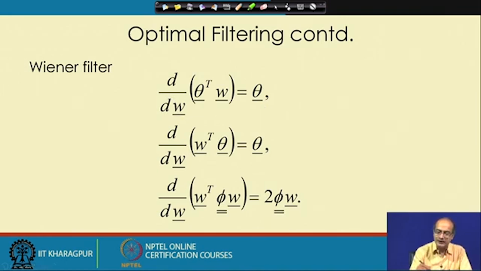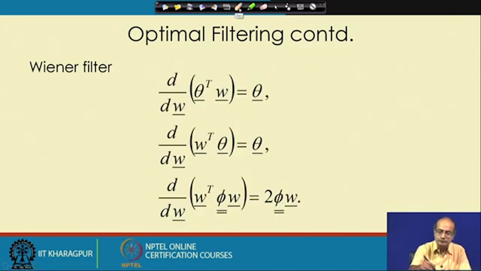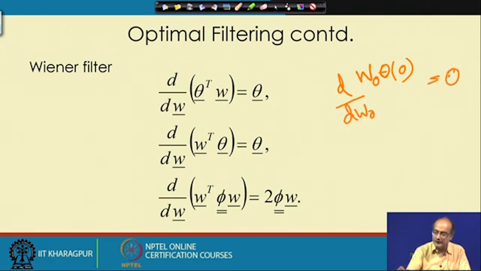That means, if I look at this term, say W 0 into theta 0, and we take the derivative with respect to W 0, we would get theta 0.